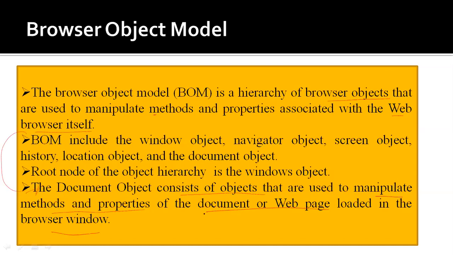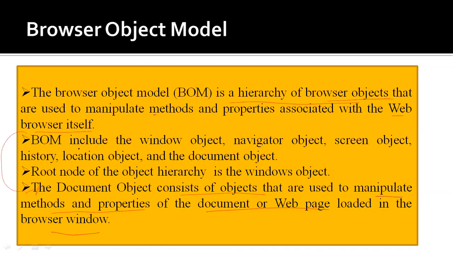As you can see the difference, the browser object model is a hierarchy of browser objects, and the document object model is a hierarchy of the document elements.